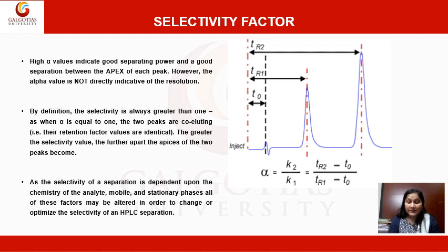That means these two components are either the same, or we are not getting a clear separation of these components if they are different. So we have to alter the mobile phase or stationary phase or temperature or the analyte. There are so many factors that affect the separation factor of your chromatographic peak.